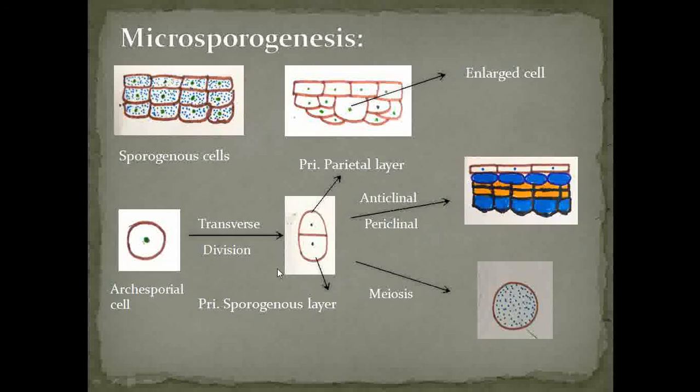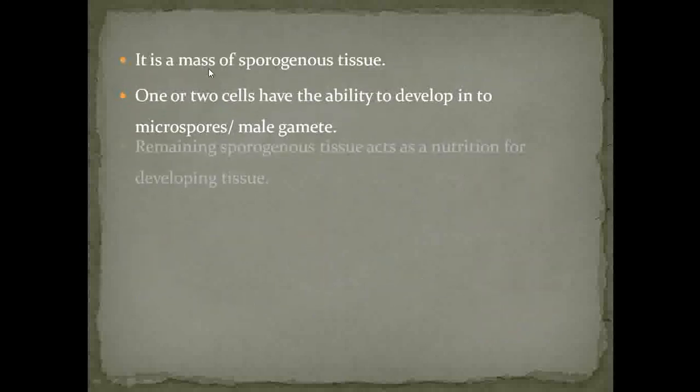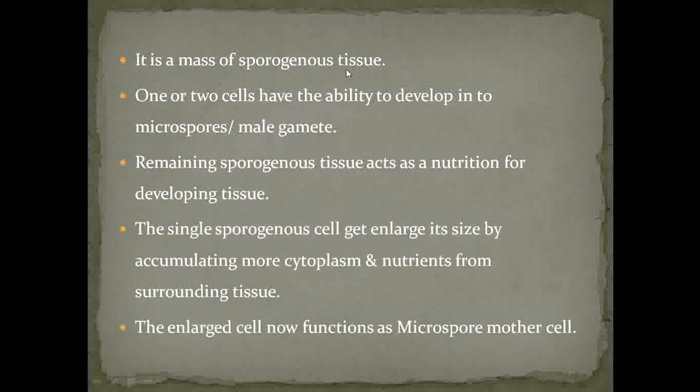While in some plant species, the primary sporogenous layer directly functions as a microspore, or it can undergo further divisions to develop numerous microspores. This development of the microspores is called microsporogenesis. It is a mass of sporogenous tissue.